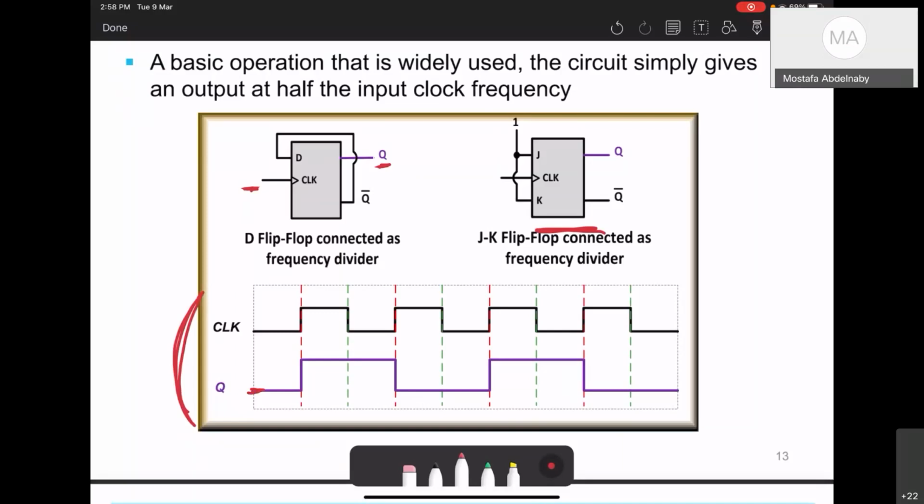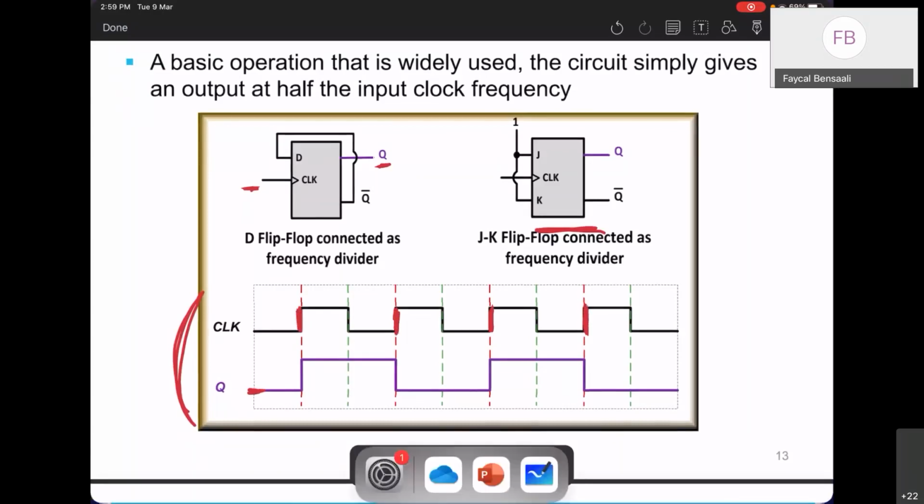Q bar is the opposite of Q. Remember, Q bar is connected to D, and the value of Q should be equal to D if we have a rising edge. Again, I'm working with rising edges. If I don't mention which edge, the default is the rising edge.